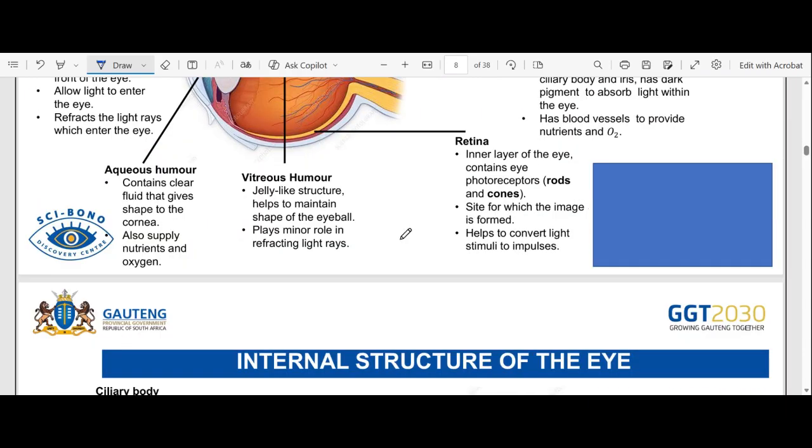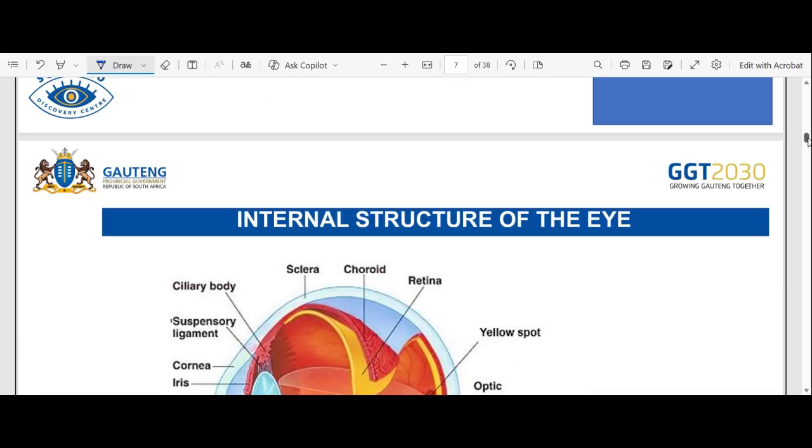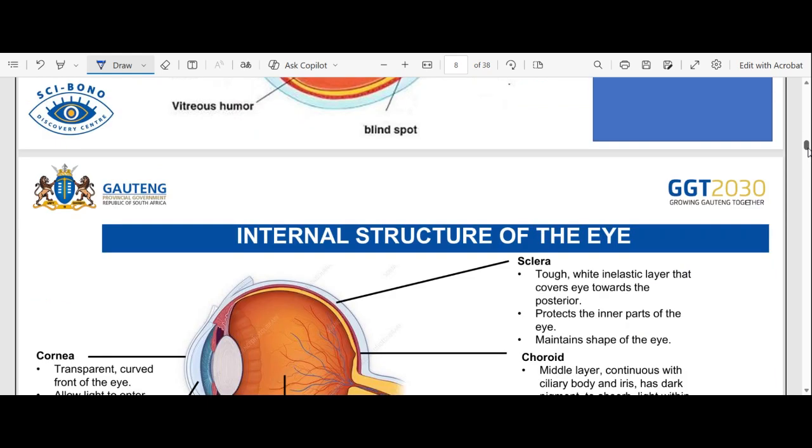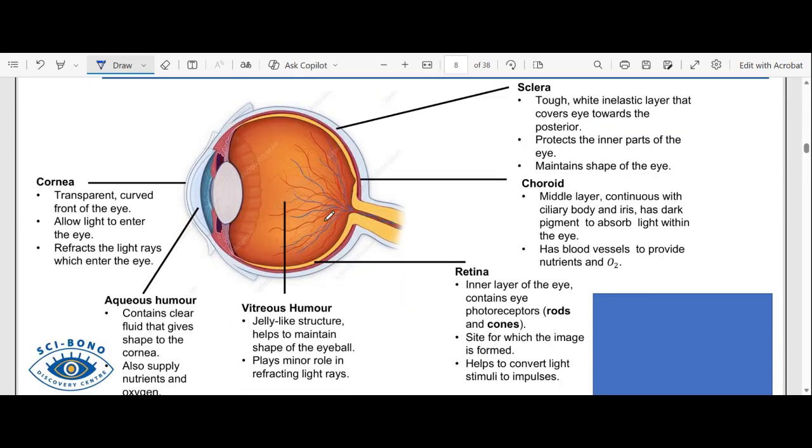Here they're going to explain the very same parts I've just explained, so I won't go over them again. This is just a summary of all the structures that I've just explained, and their structural adaptability. How are they structurally adapted to perform the function?